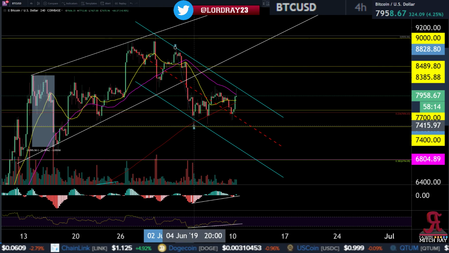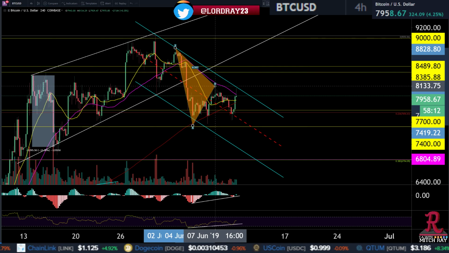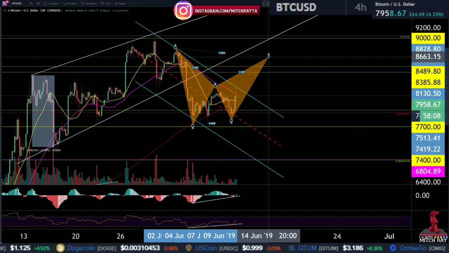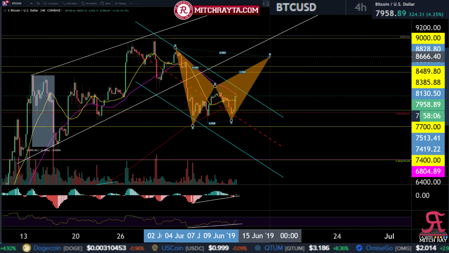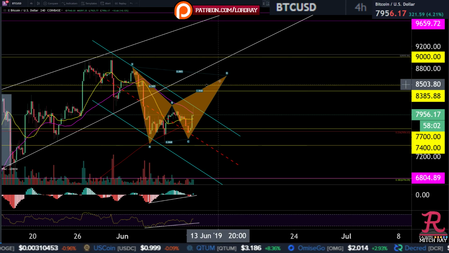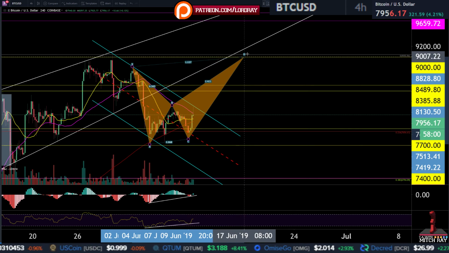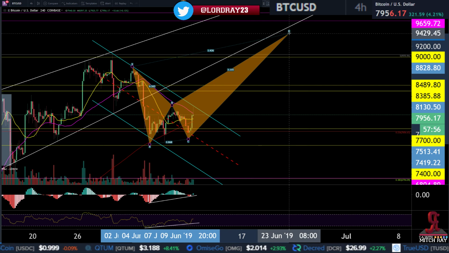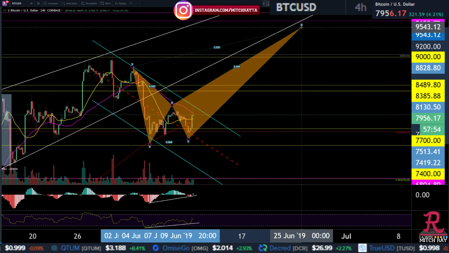Look, X, A, B, C, potentially D. An 88.6% retrace would be your bearish bat. But there's also the chance you could run up here, and if you don't stop, there's always the chance that the crab could be in play. It's always going to be one or the other.